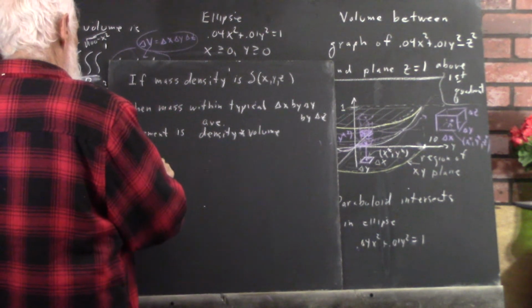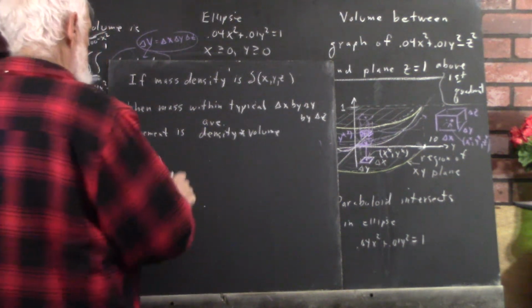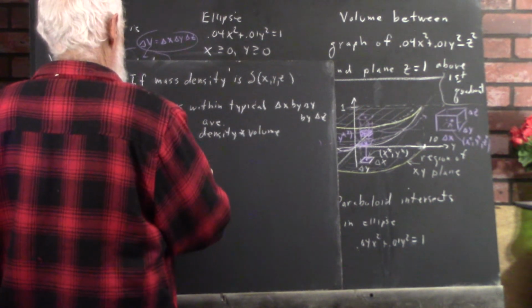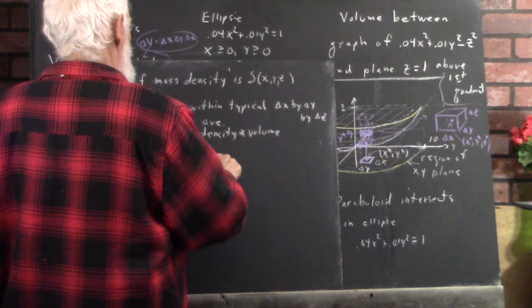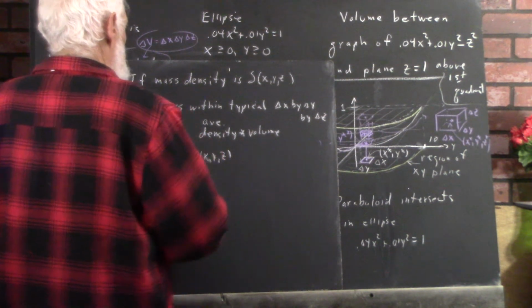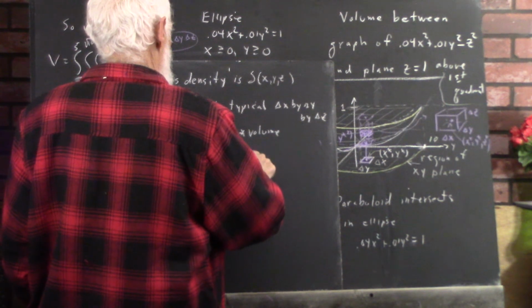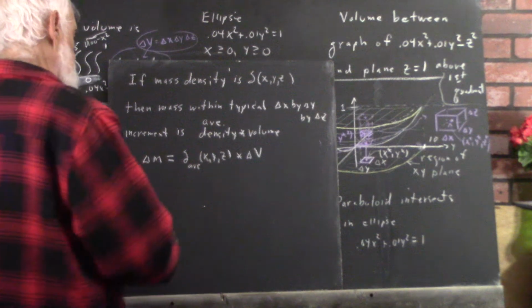So I'm going to say delta M, the mass contribution of this region, is the average density at x, y, z times the volume of that region.